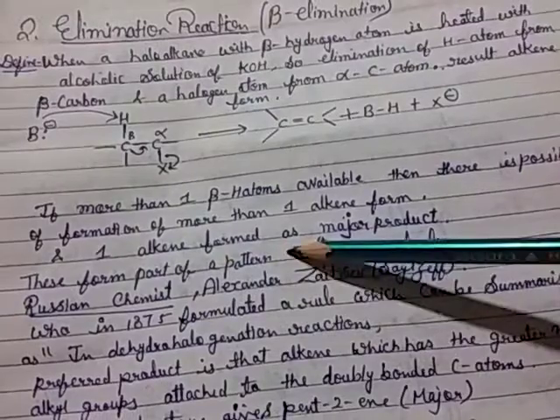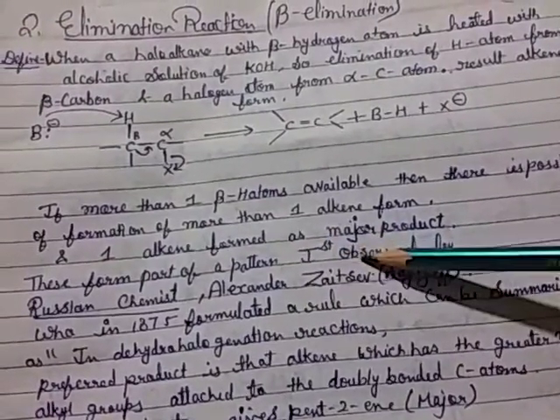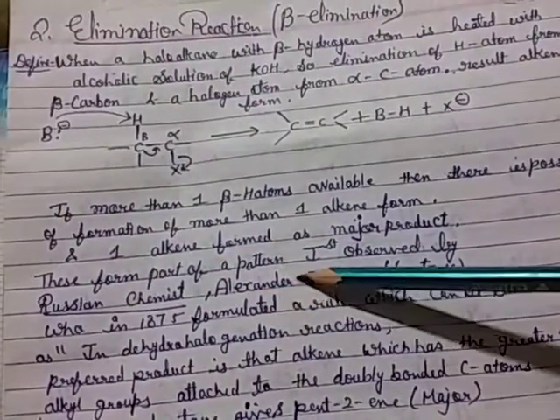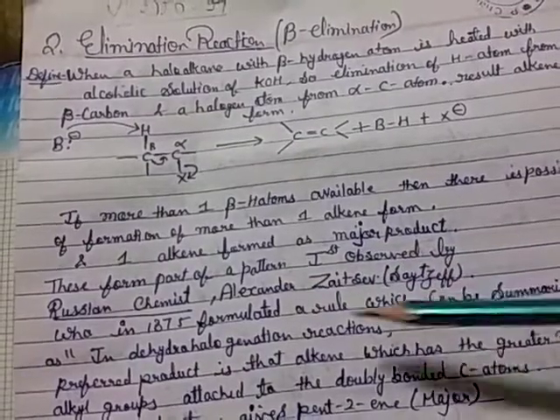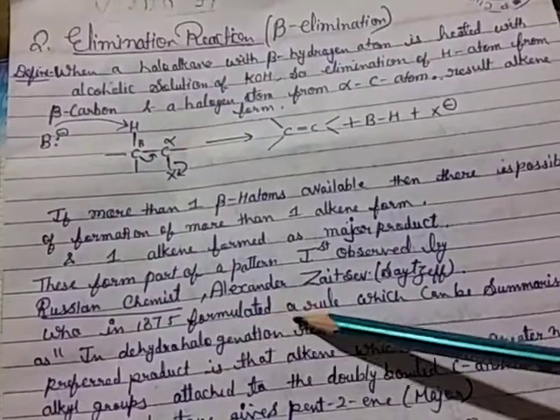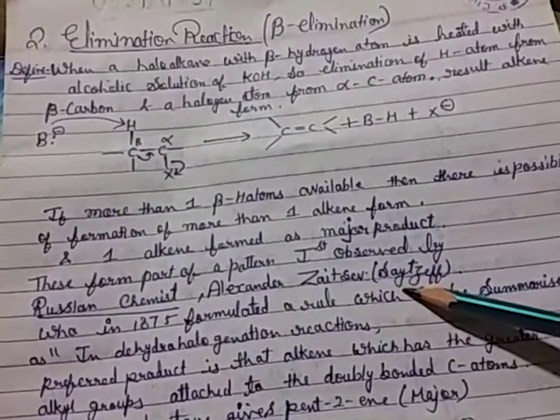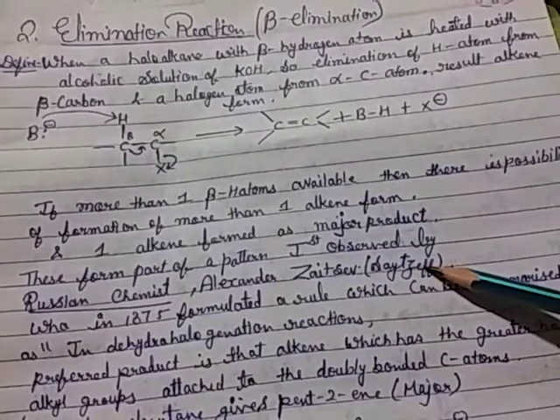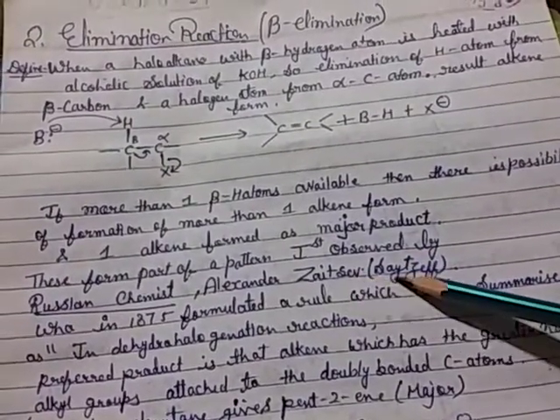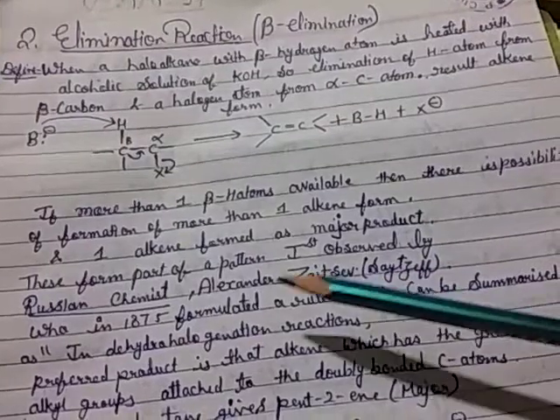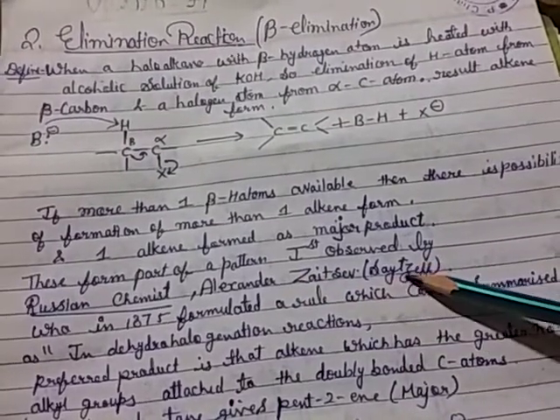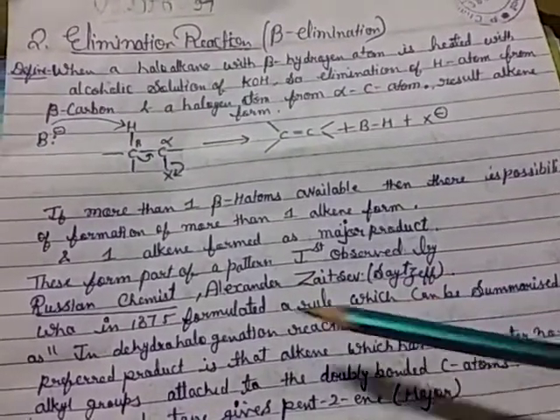One alkene is formed as the major product, and this forms part of a pattern first observed by the Russian chemist Alexander Zaitsev, also spelled Saytzeff. The name is different but the scientist is the same.